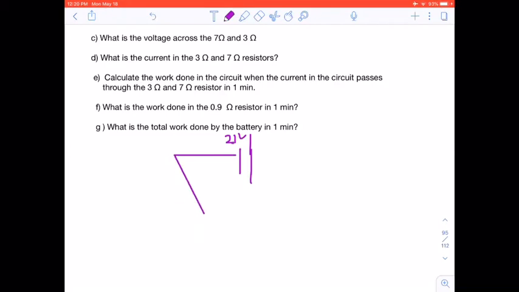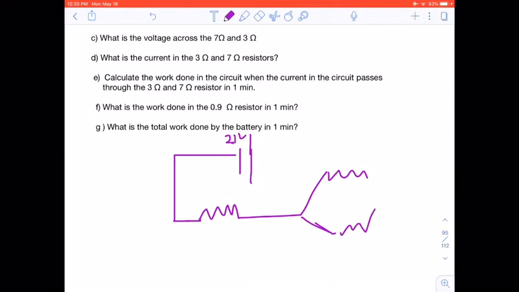So let's say we have that resistance and that resistance there, and I've connected it like that, okay?